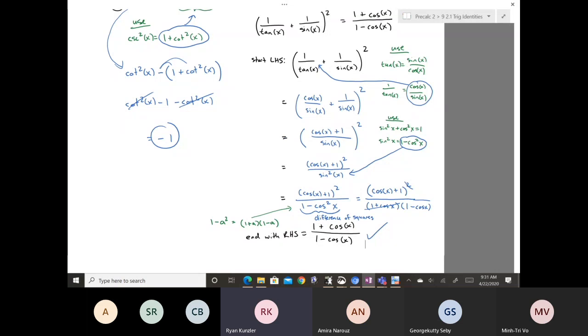Okay, thank you. Yeah, so there's no general procedure for these kinds of problems. Just look for different identities that you can use that relate to the various trig functions that you're working with, and remember the various different algebraic tricks that might be involved.